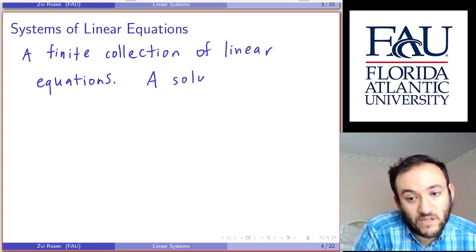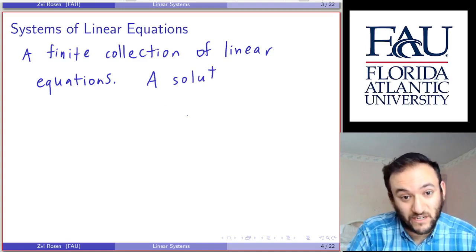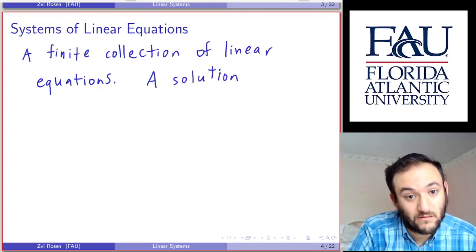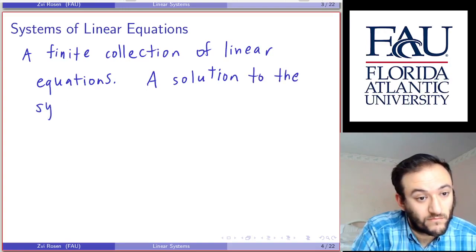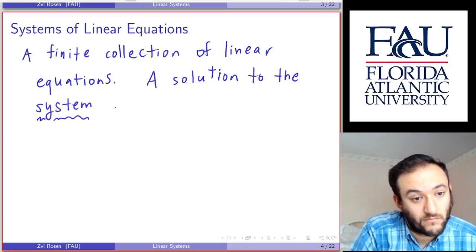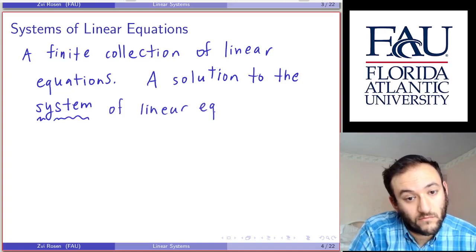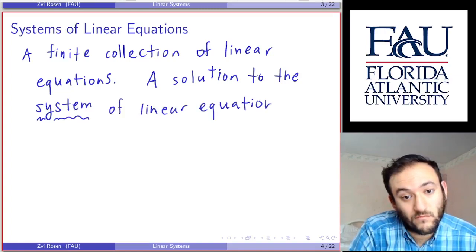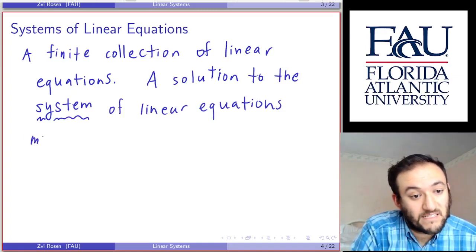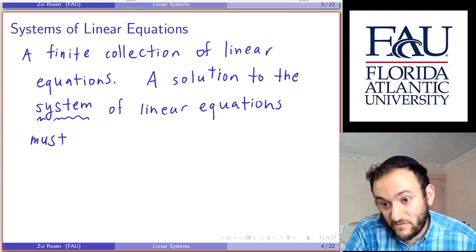When we talk about a solution to the system of linear equations, it must be a solution for all of the equations.